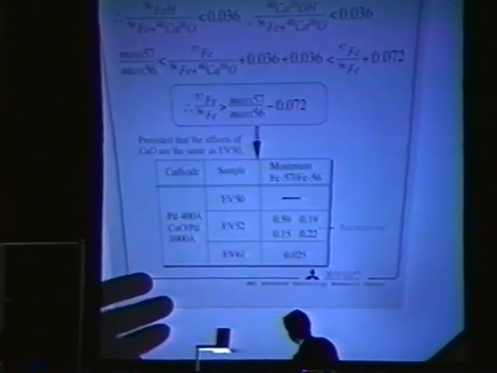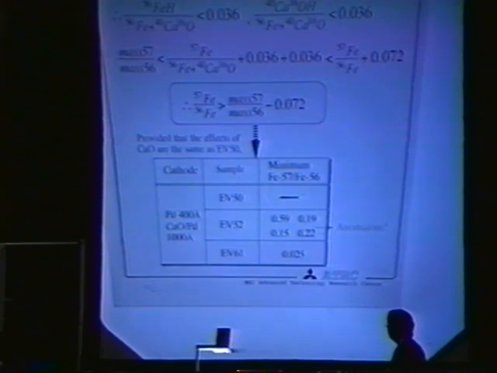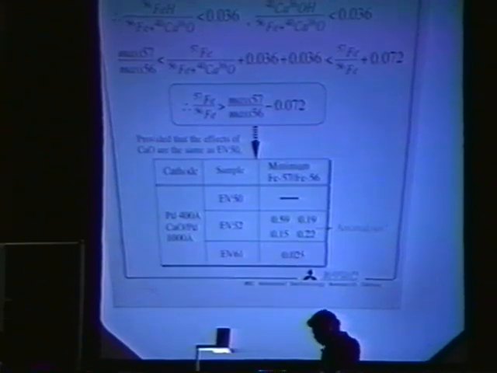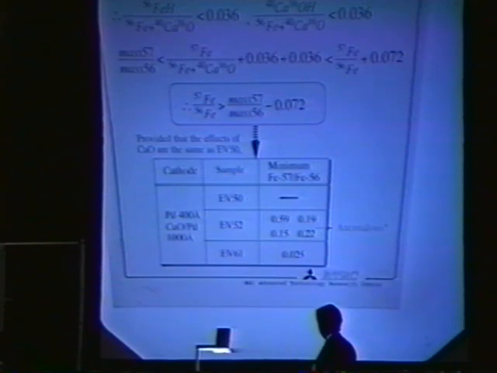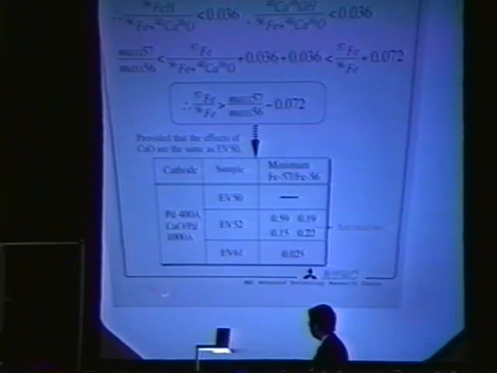So we can estimate the minimum iron 57 by iron 56 as shown here. So we can see in the case of EV52, these are the various anomalous values. So we consider that the ion detected on the multi-layer cathode cannot be explained by contamination.